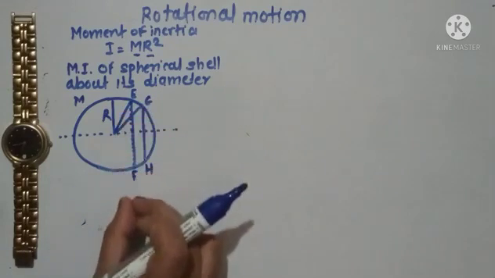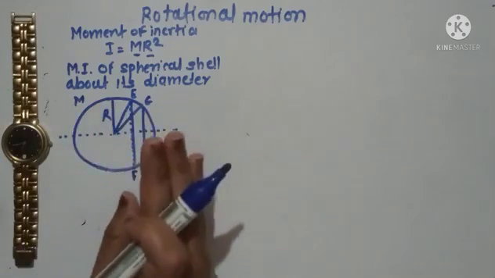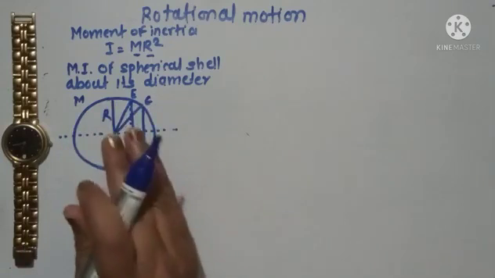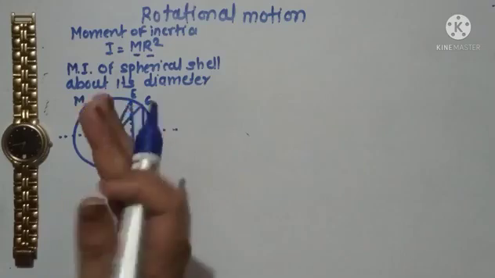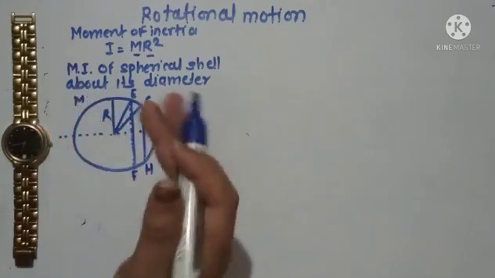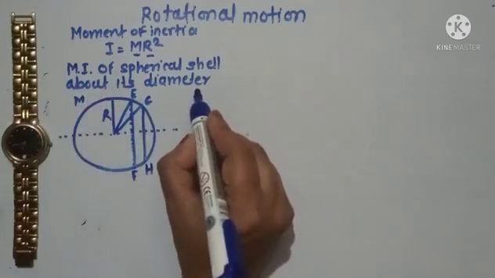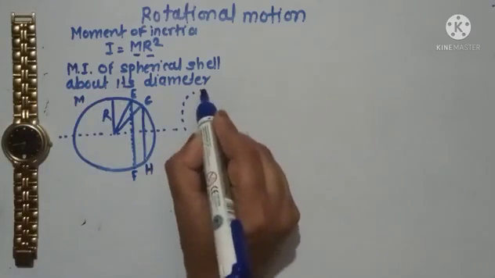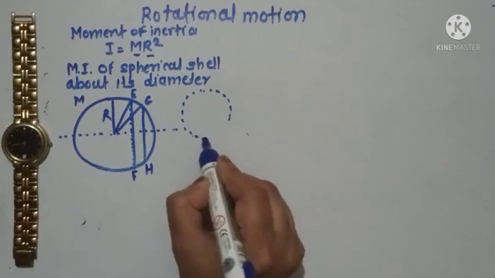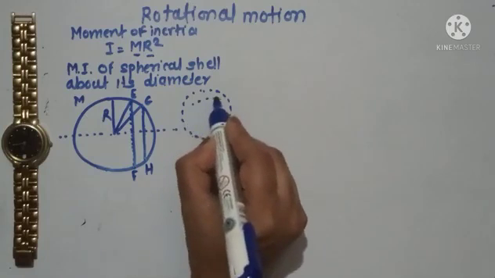Now this will be a thin slice of this spherical shell, and if I see this from the front side, or if I rotate it by 90 degrees on the left hand side, I can clearly see a thin ring like this.